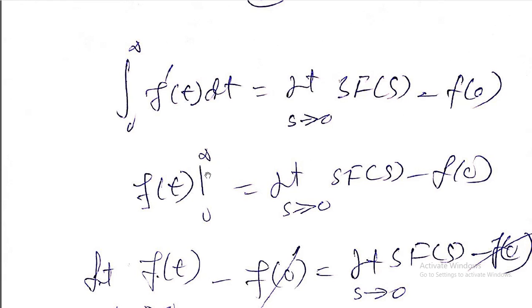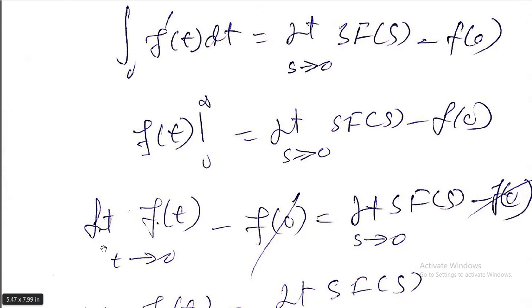So apply the limits. Upper limit is the limit of f(t) when t tends to infinity, minus the lower limit f(0). Upper limit minus lower limit, and the limit of s F(s) as s tends to 0.